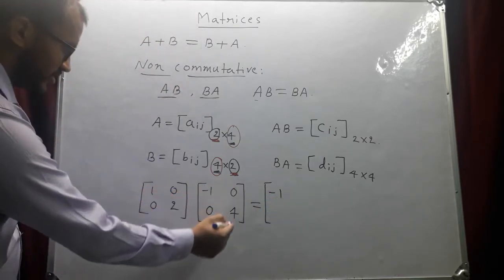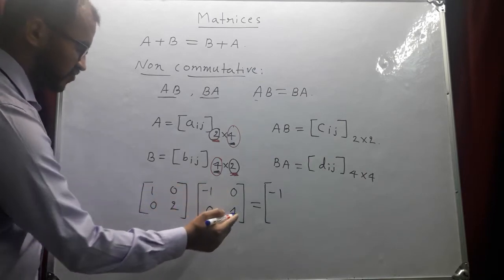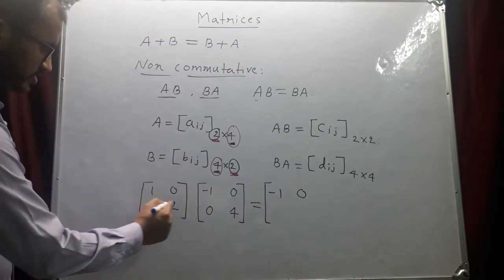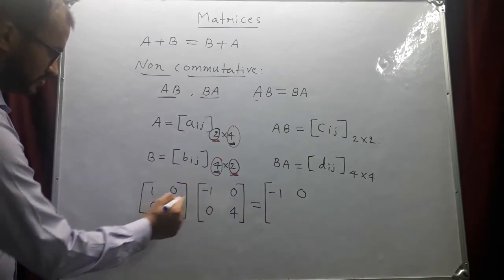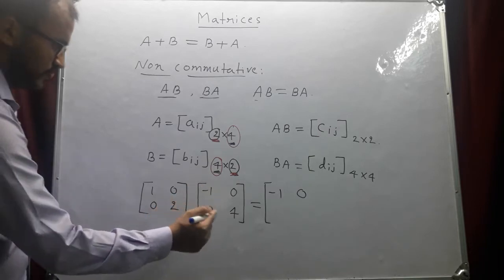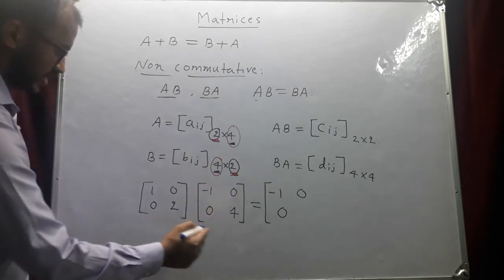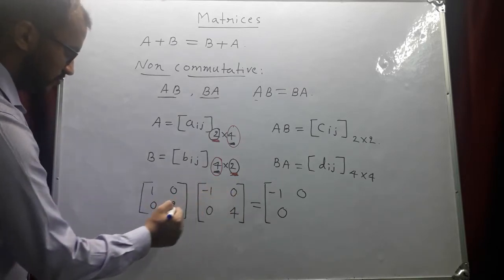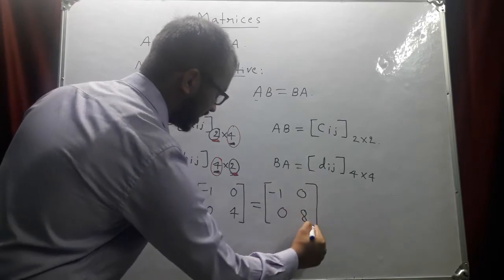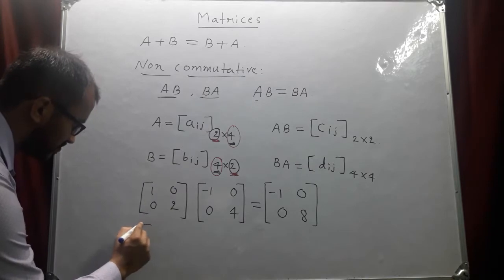Again first row, second column, 1 into 0 plus 0 into 4, that is 0. Second row, first column, 0 into -1 plus 2 into 0, 0. Second row, second column, 0 into 0 plus 2 into 4, we got 8. So this is the first product.